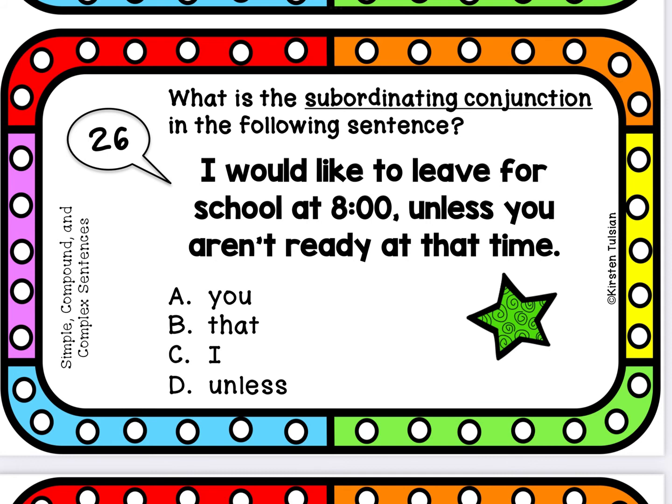Okay, if you picked D, unless, you were right. That is the subordinating conjunction down there. And when I see it in my sentence, that's my signal that it's the beginning of a dependent clause. And my dependent clause is unless you aren't ready at that time.